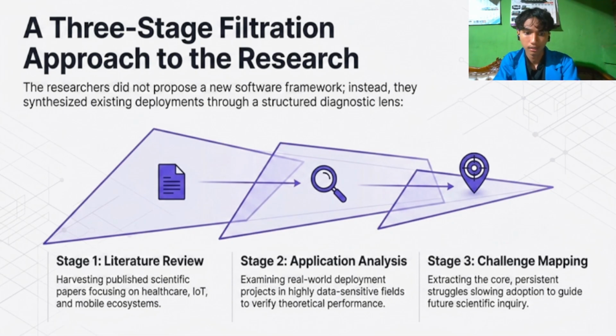And finally, stage three is challenge mapping, extracting the core, persistent struggles slowing adoption to guide future scientific inquiry. These three steps ensure the study covers both theory and reality by mapping current problems. Now, let's look closer at the specific sectors where this utility is verified on slide 6.